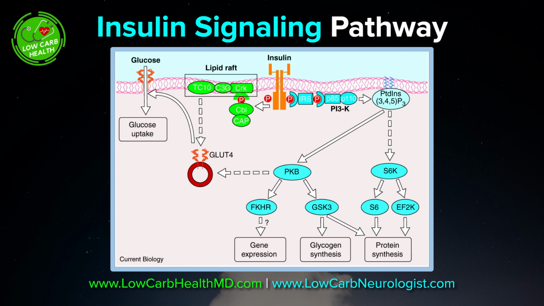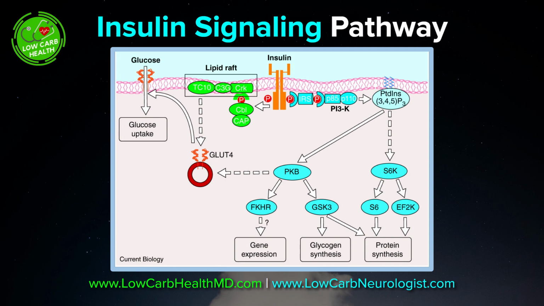So there are signaling molecules here. So for example, when insulin binds to the receptor, then this cascade is activated, and eventually the glucose transporter is translocated to the surface so that glucose comes in. So anywhere along this pathway, there could be the development of insulin resistance.